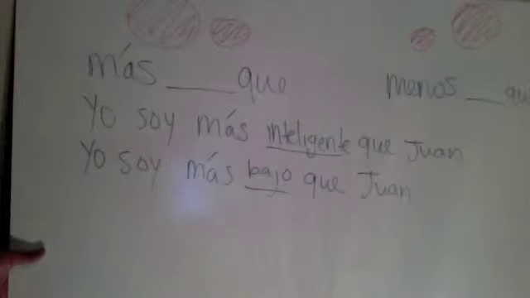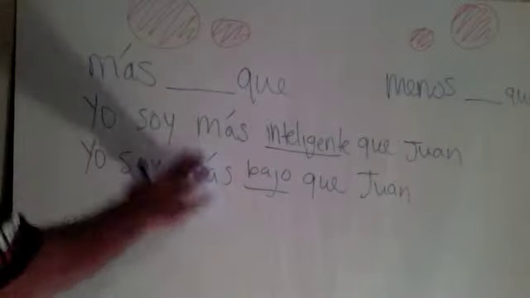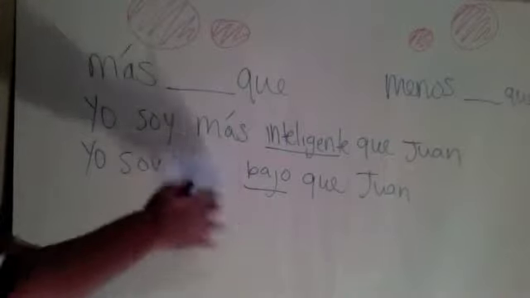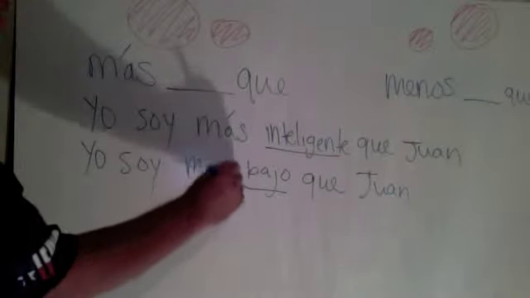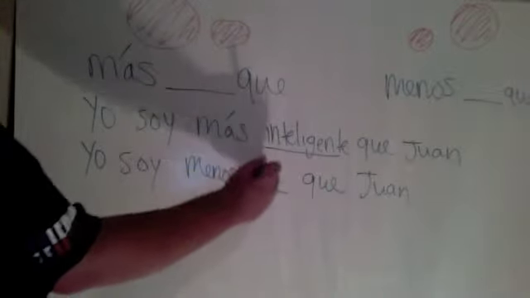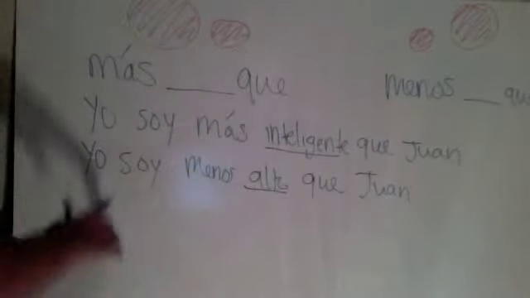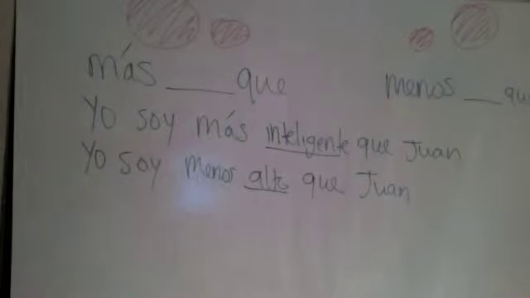Or you could also say less tall than Juan. Yo soy, we would change this from más to menos, less, and change bajo to tall, alto. Yo soy menos alto que Juan. They both kind of mean the same thing.